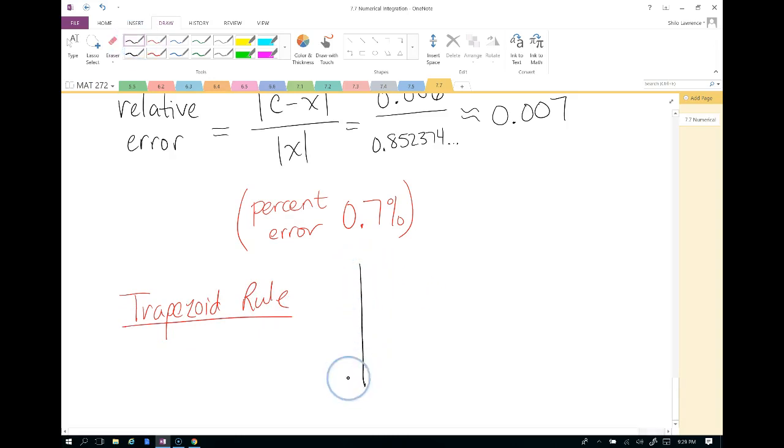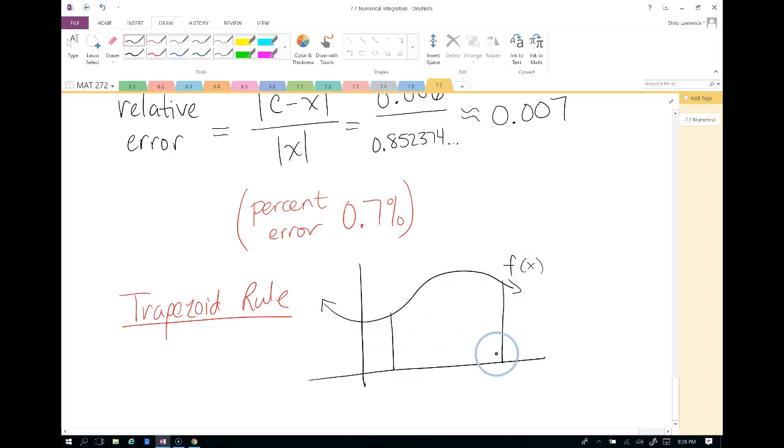Instead of making rectangles, you're going to make trapezoids. So if you have this function f of x, and you want to estimate the area numerically, instead of just picking the midpoint, you're going to connect the endpoints and create a trapezoid out of it.